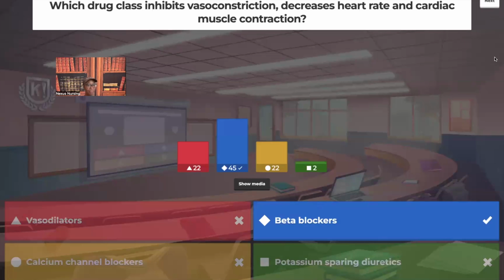Very good. Beta blockers. Now, what three letters do the beta blockers end in? Very good, like propranolol, metoprolol.